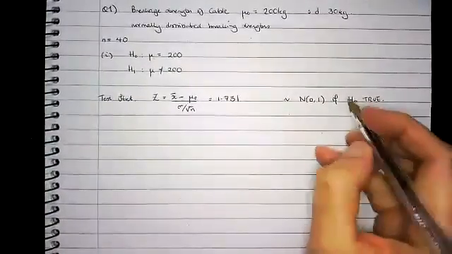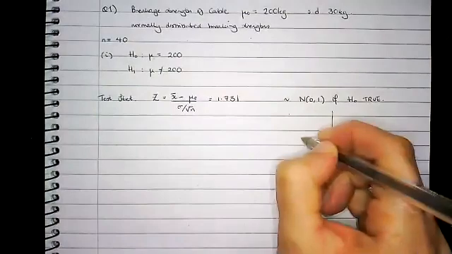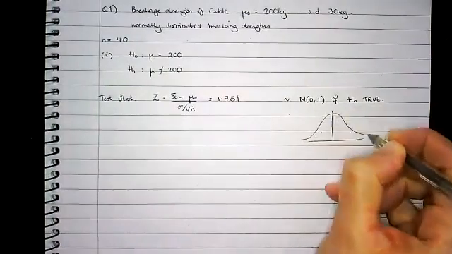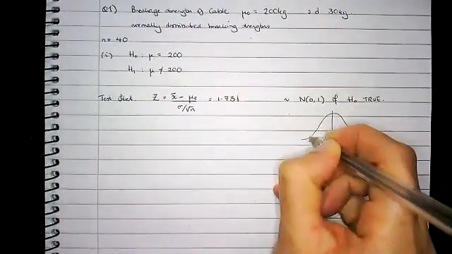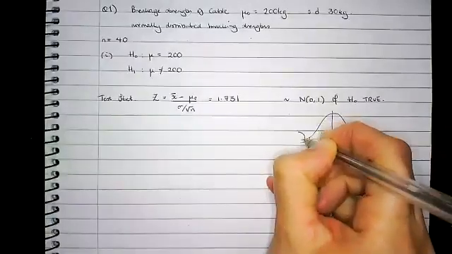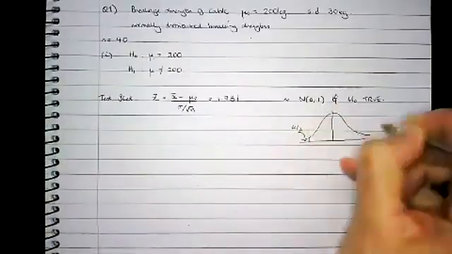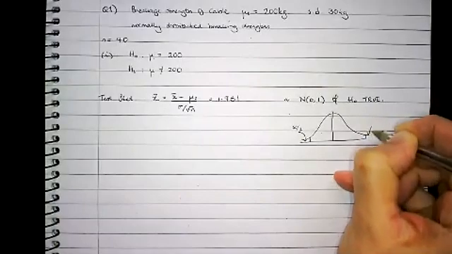Now, if I think about what the normal distribution looks like, it's a symmetric distribution like this, and it's tailing off at each side. So I'm going to be putting a weight of alpha divided by 2 in each tail.